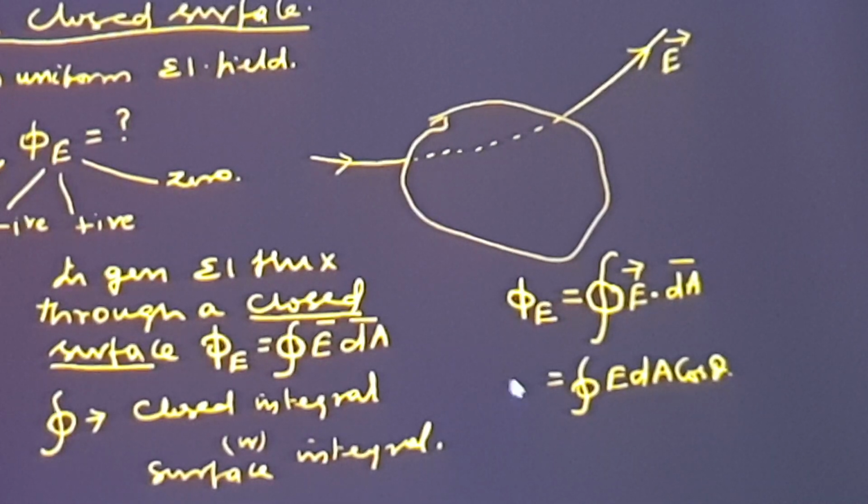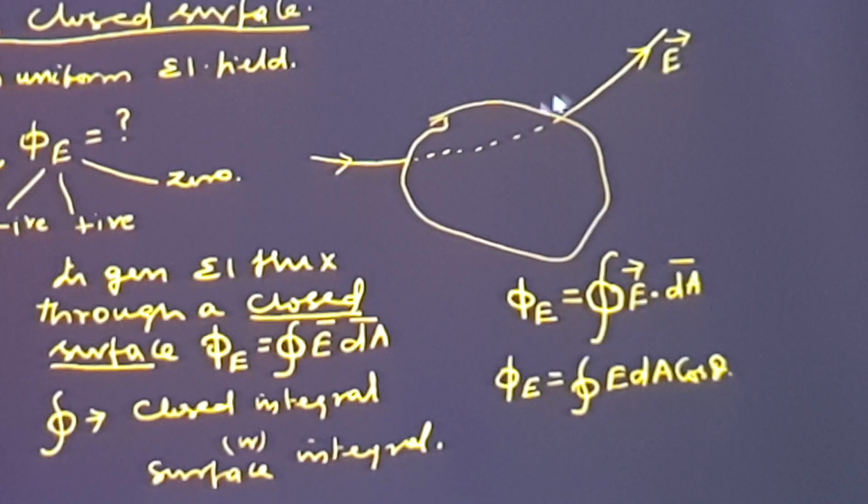This we call the total flux available for the closed surface. This total flux may be positive, or negative, or it may be zero. How can we get this?